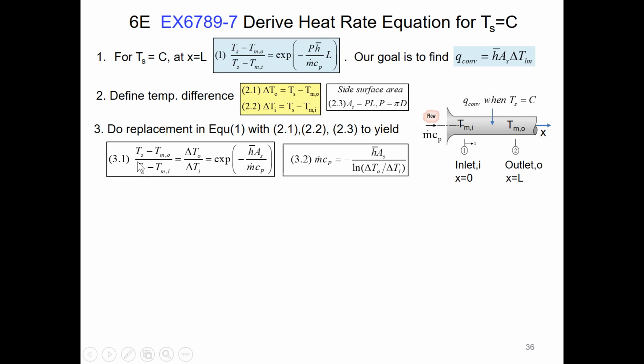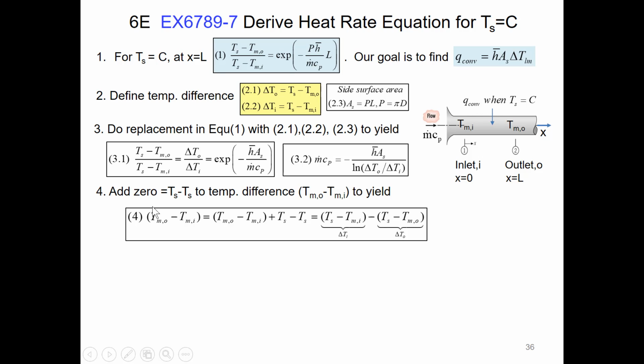We replace temperature difference with delta Ti, temperature difference with delta To, and PL with As, the surface area, and then solve for m dot Cp, mass flow rate times specific heat.